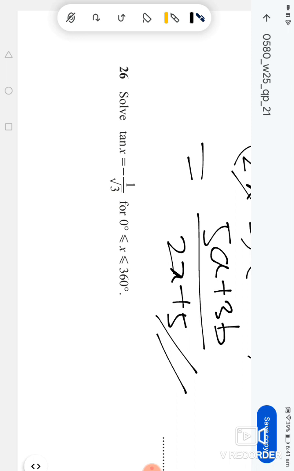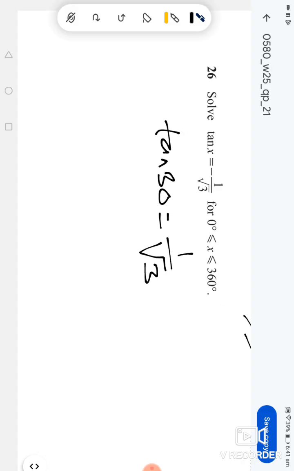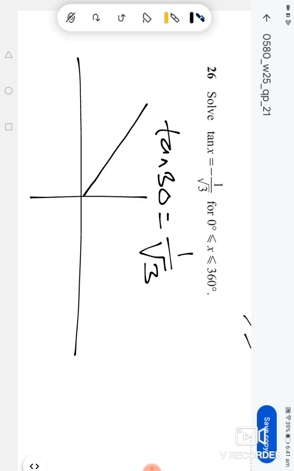Question number 26. tan x equals minus 1 by root 3. tan 30 equals 1 by root 3. So this one is 30.